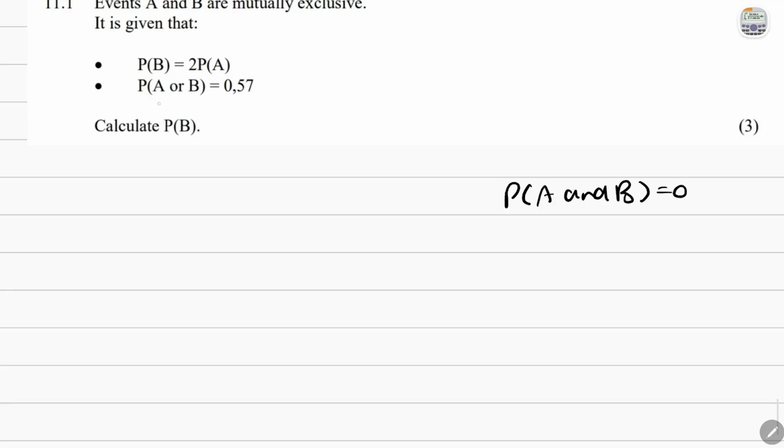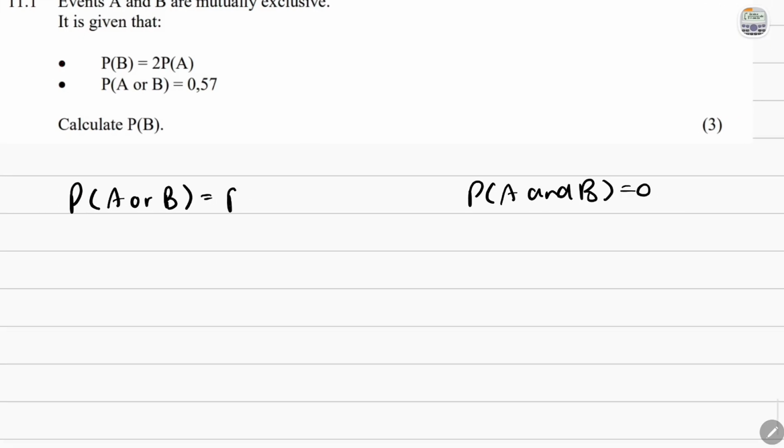Because they've given us the probability of A or B, we can use this rule. To find the probability of A or B, we say the probability of A plus the probability of B minus the intersection of A and B, which we know is 0 since they are mutually exclusive.